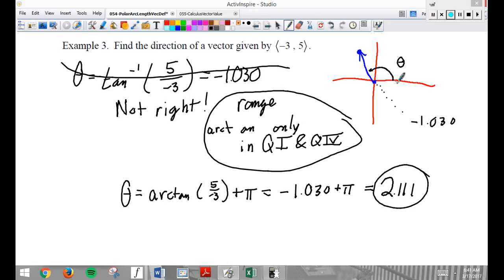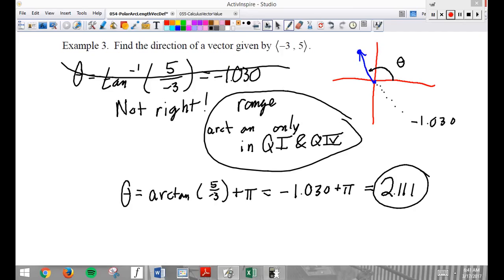That's the angle. Okay? So be very careful of what you're doing when you're trying to find these angles. Make sure you are thinking about where the vector is when you're trying to assess its direction.